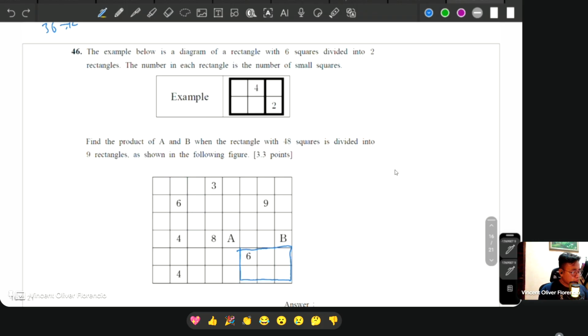Sir, can we do this one here? Yeah, it's also okay. But be careful, there's a 3 here. Now, maybe the best way we can start is with the 9. Because it's not possible you can do 9 like this. That's not 9. That's only 8. So the only way we can do 9 is through this.